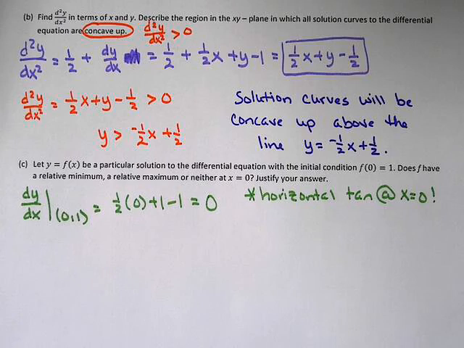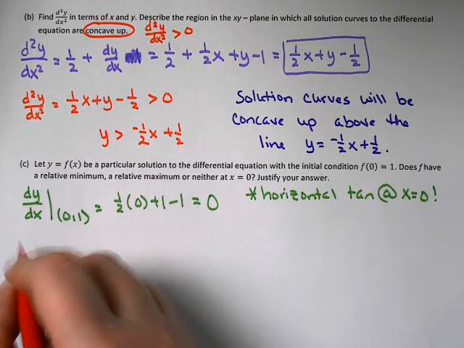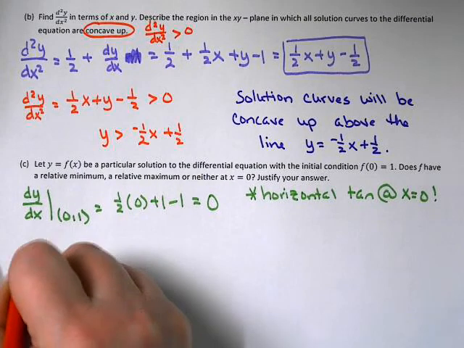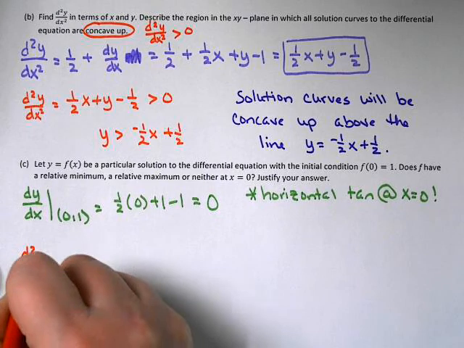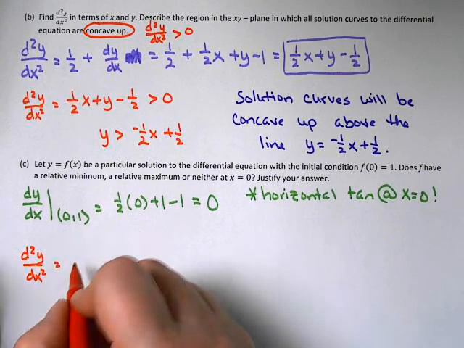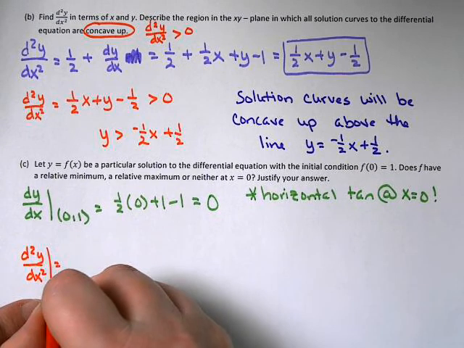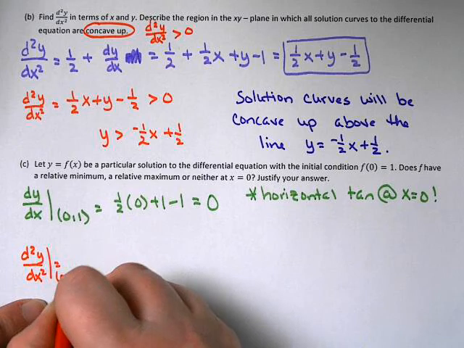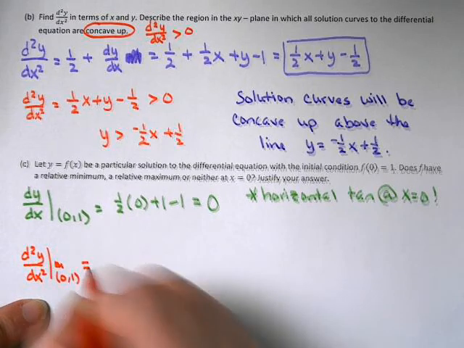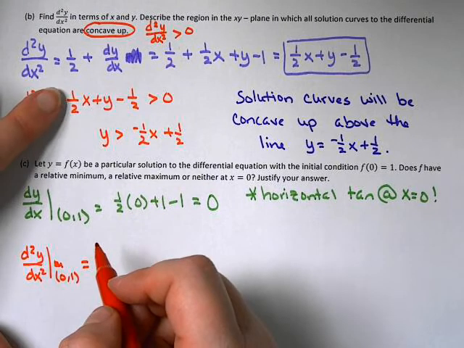So in order to figure out whether it's a min or a max, or possibly still nothing, we need to look at the concavity. And we decided that the concavity is determined by the second derivative. So I'm going to go ahead and look at my second derivative, which we just found in the last problem. So I'm going to evaluate that at the same point, 0, 1. Sorry, I kind of squeezed that in there. So let's see, this was it.